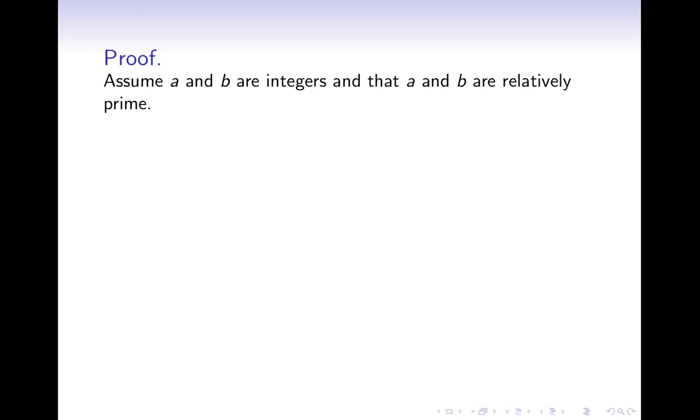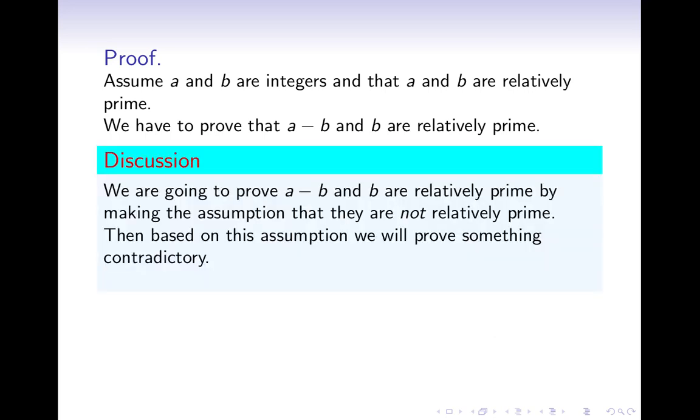So we start in the usual way, assume a and b are integers and that a and b are relatively prime. And a quick sentence describing what we have to prove. We have to prove that a minus b and b are relatively prime. And now we translate into equations that is possible.